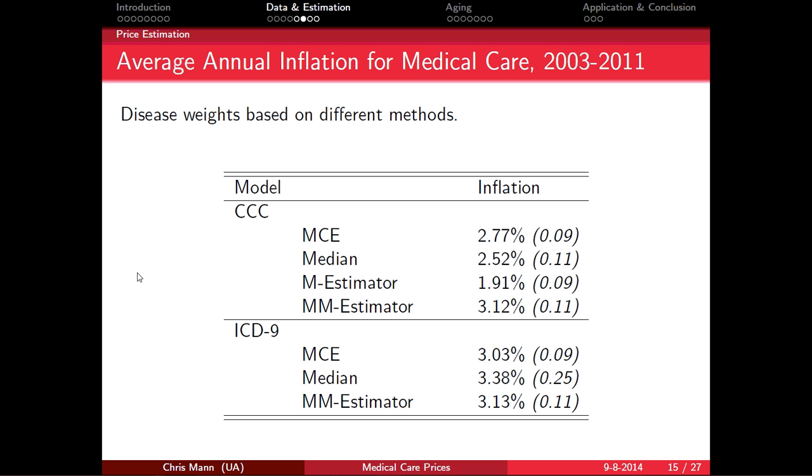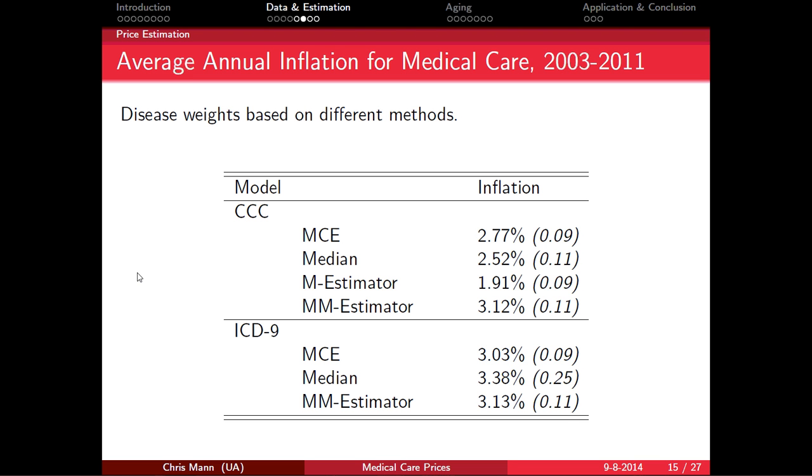Now, when I actually allow the disease weights to be fixed, we see our estimates change considerably. Here I've used two different methods. One, I've based it off of the clinical classification codes, which is very similar to many of the recent papers.